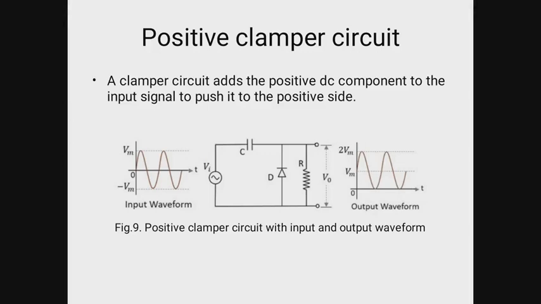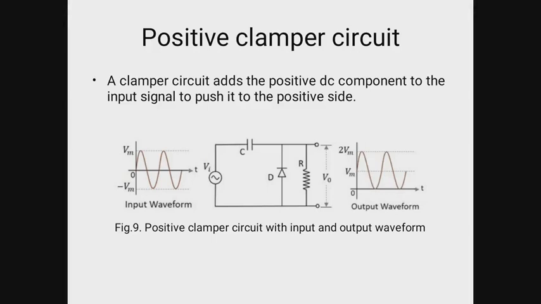So in that case what will happen? If we apply the loop equation, we get Vi minus Vc minus V0 equal to 0. That means the output voltage is equal to Vi minus Vc, the input voltage minus the capacitor voltage.